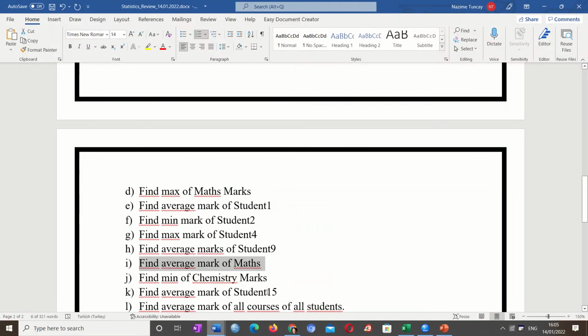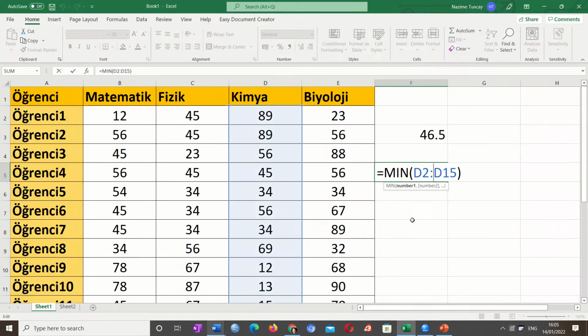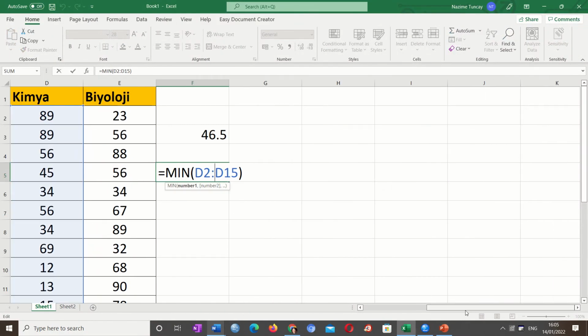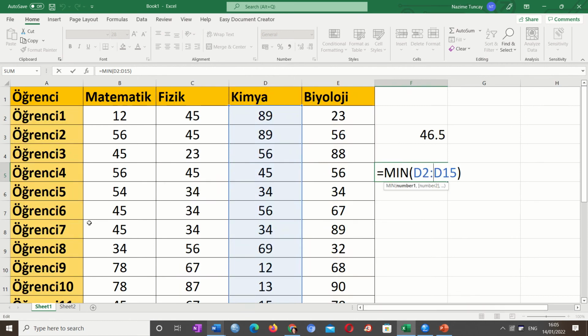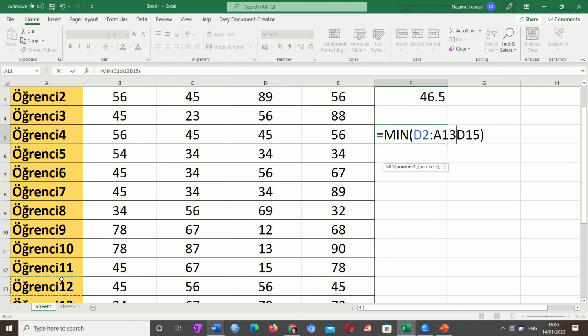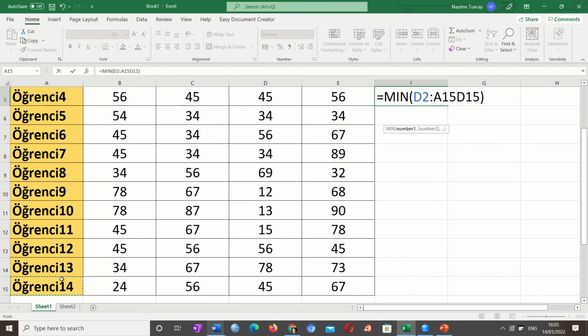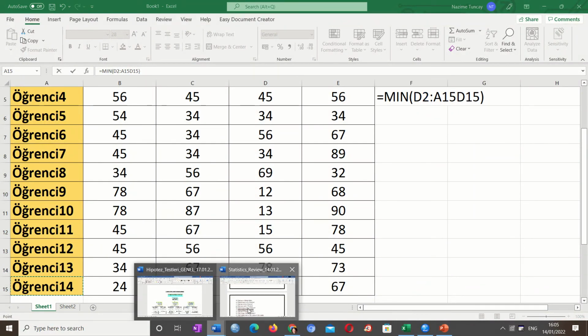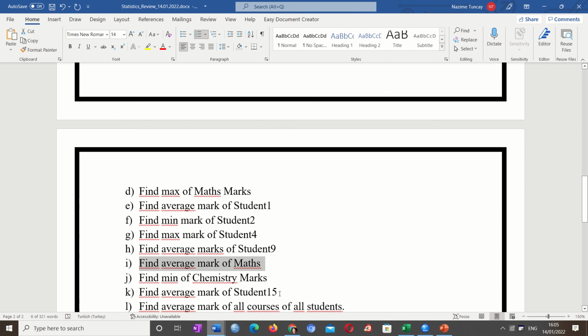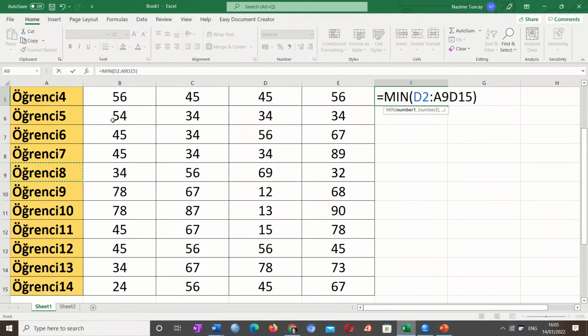Now, average mark of student 15. Let's find the average mark of student 15. So where is it? I don't have student 15 here. Okay, so for this question, I don't have student 15. Let us make it student 5, okay? Student 5. So let us find the average mark of student 5. How can you find the average mark of student 5?